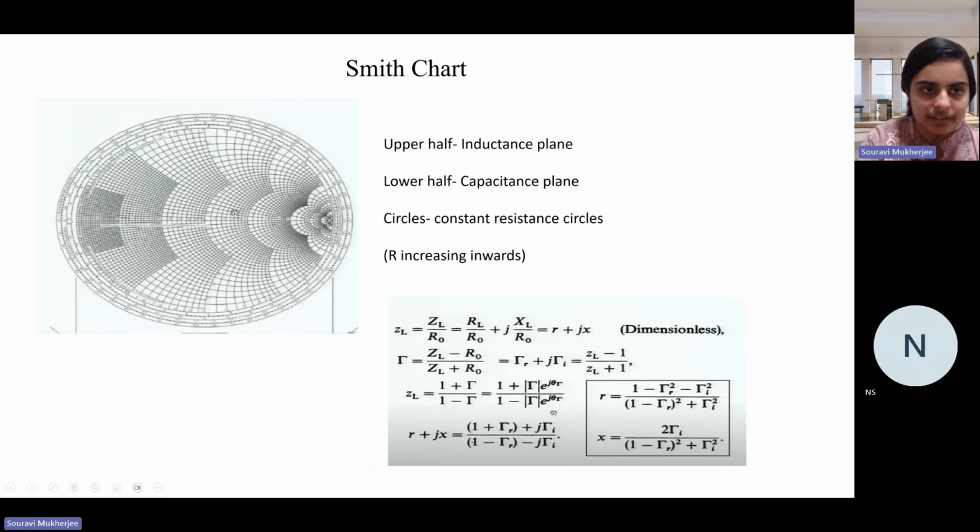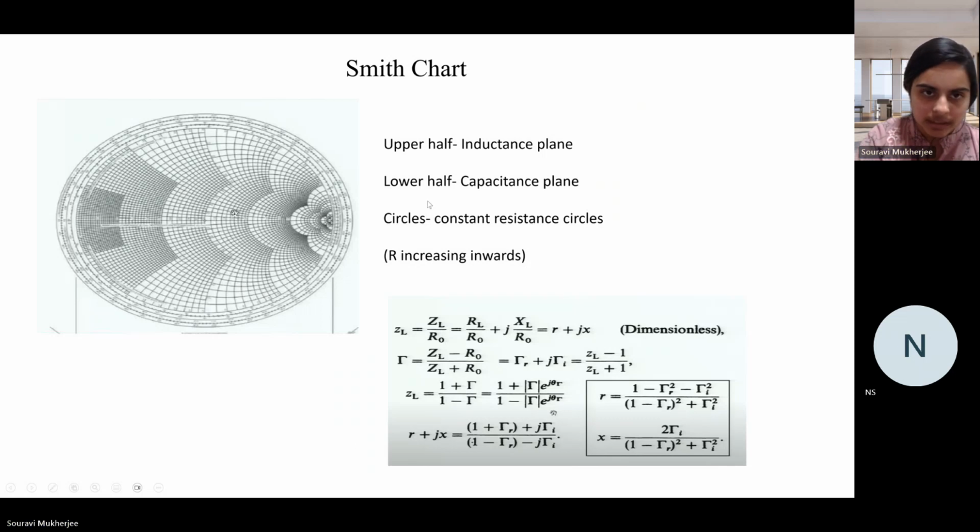Okay. And anywhere along this line, it's a purely resistive impedance if you move along this line. So we'll see how and why. And as you can notice, there are some circles here, right? All of these circles are circles of constant resistance.